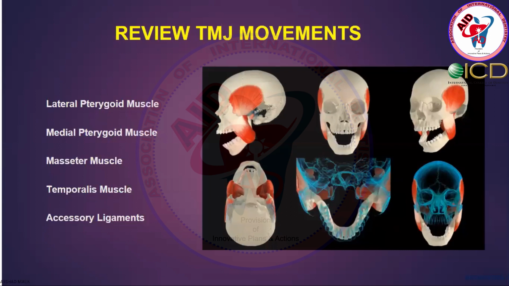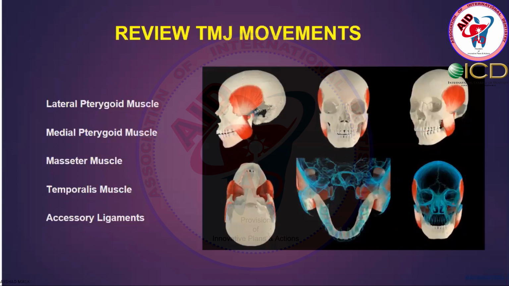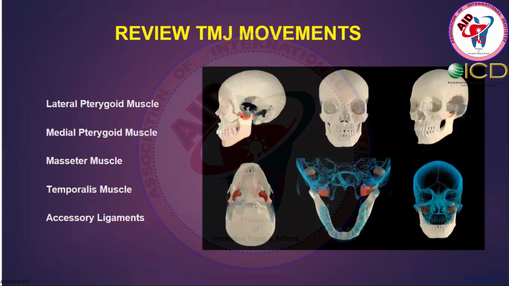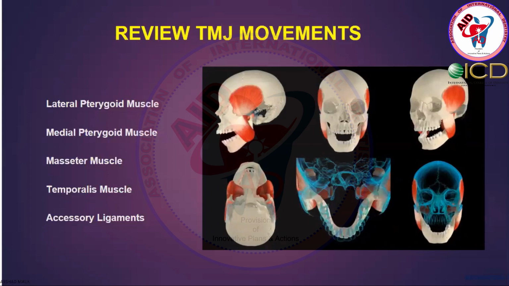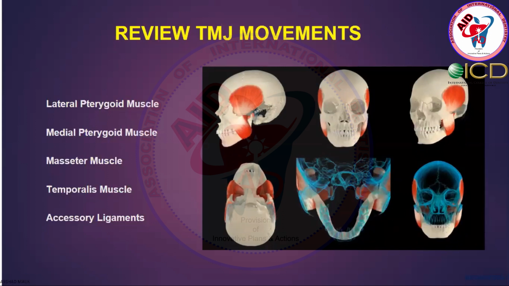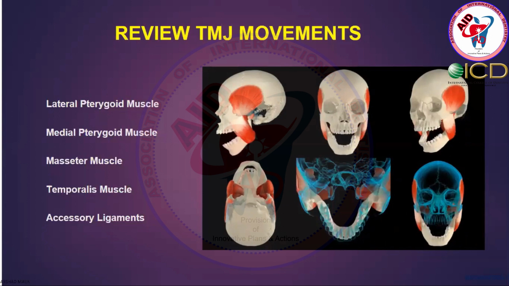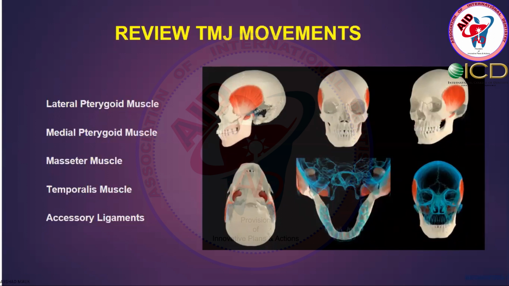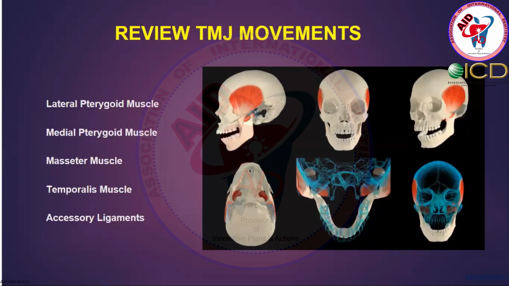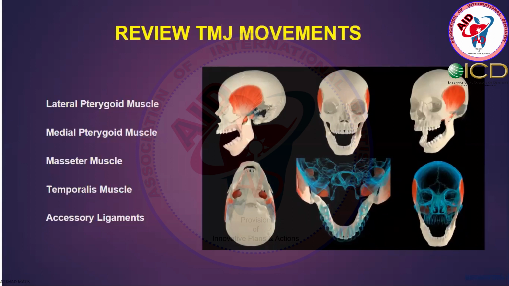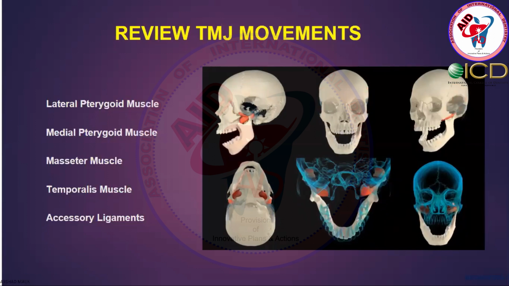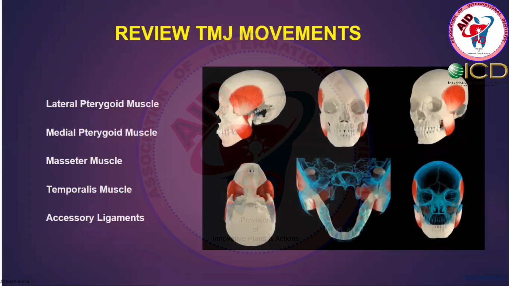If you look at this picture, you will come to know that all the muscles of mastication are involved: lateral pterygoid, medial pterygoid, masseter muscle, temporalis muscle, and they are accessory muscles which are attached right here. So with that, we end the temporomandibular joint anatomy in detail, and we have the last session.